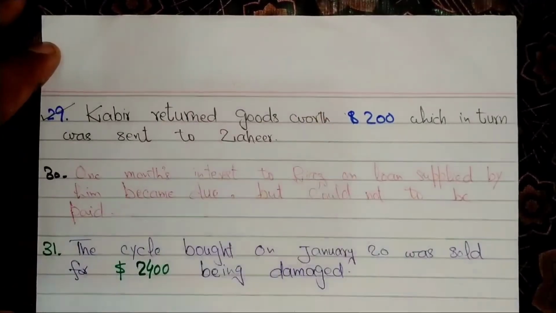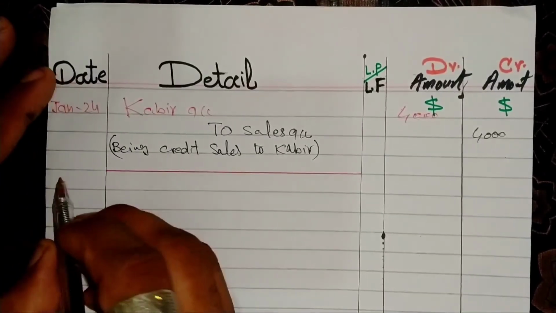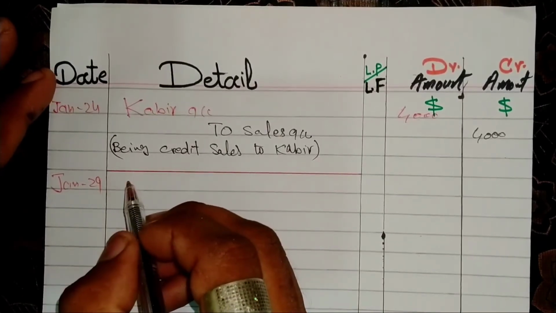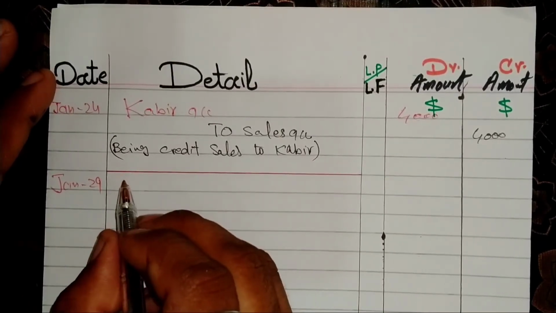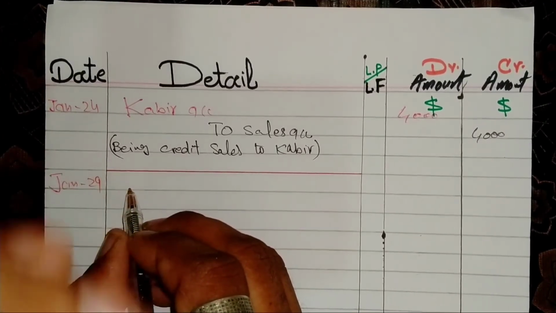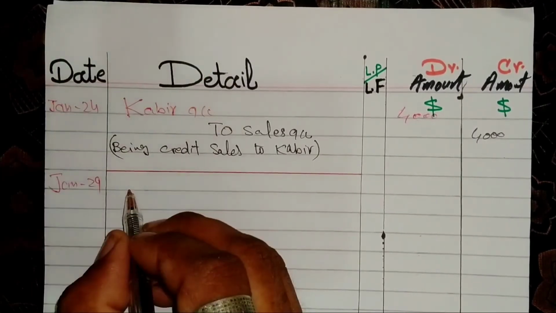So let's see the returning process. On Jan 29, Kabir returned goods worth $200, which will be sales returns or sales inward for the business.